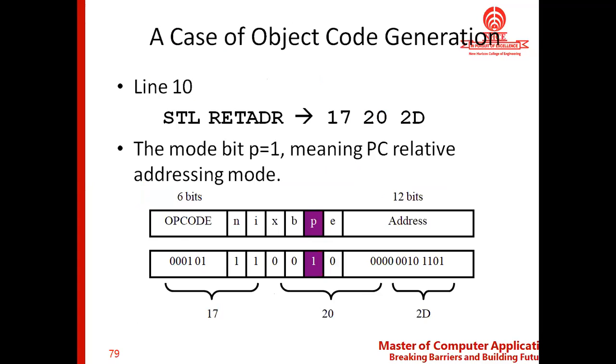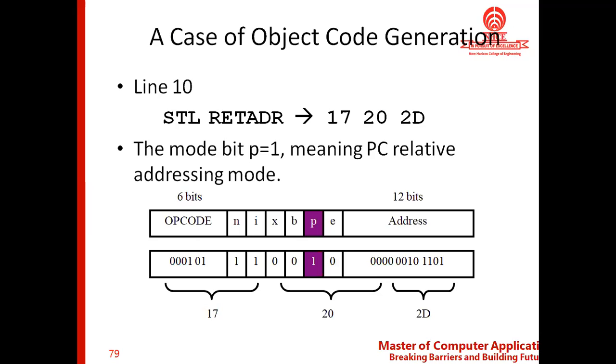Now, if you look at the instruction format, this instruction is based on format 3. In format 3, we have the opcode which takes 6 bits, followed by the NIXBPE bits, followed by the displacement of 12 bits.